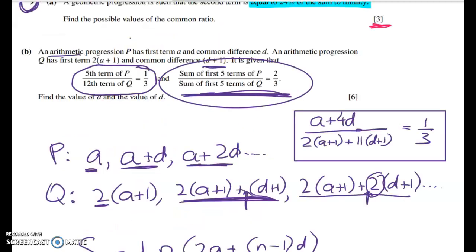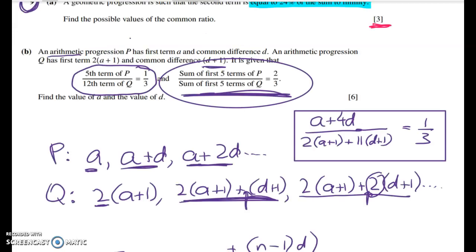So we've got the sum of the terms now, the sum of the first 5 terms of P and the sum of the first 5 terms of Q. Right, so I think we need a new page for this one. So remembering that S of n is equal to half n into 2a plus n minus 1 d.